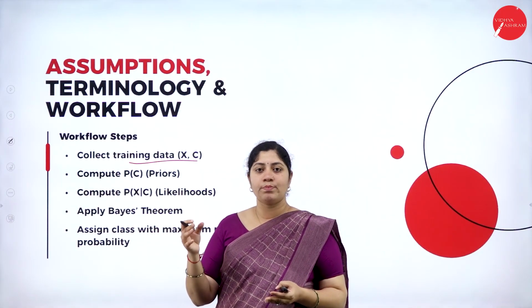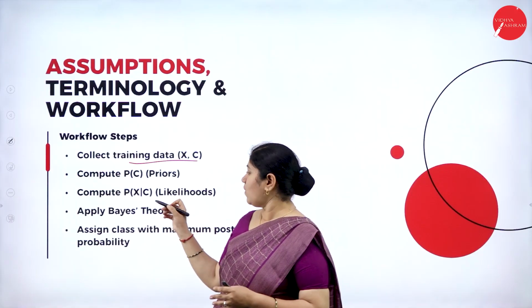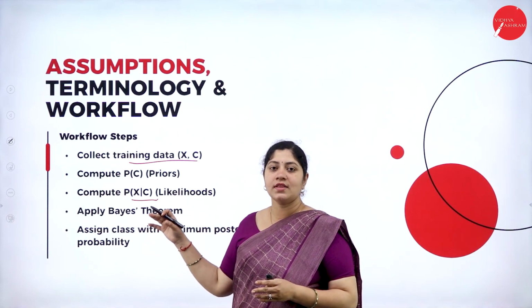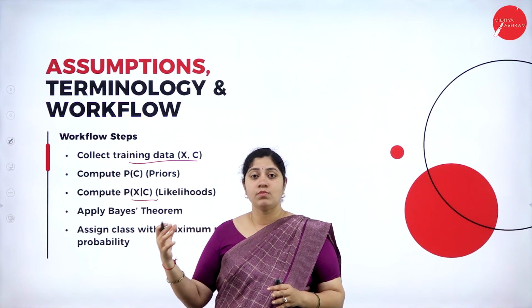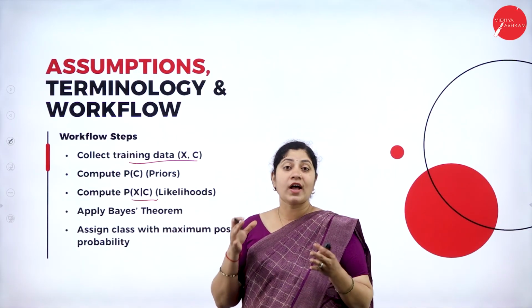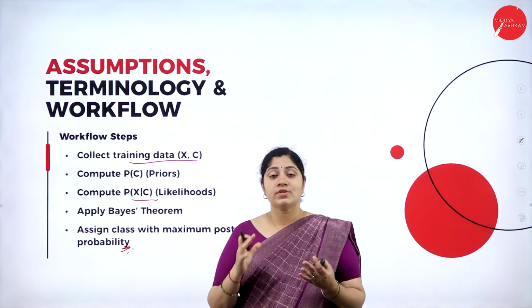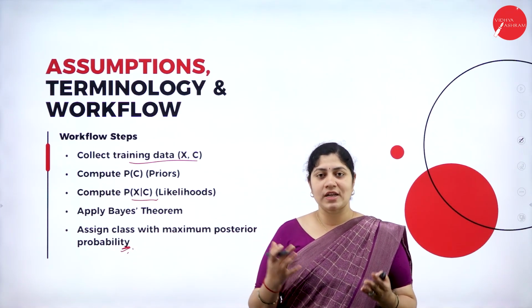Next, we will be computing the likelihood, that is, the P of X given C value. Then finally, we will be applying the Bayes theorem so that we can move forward and assign a class with maximum posterior probability. So this was with respect to the Bayes classification method.